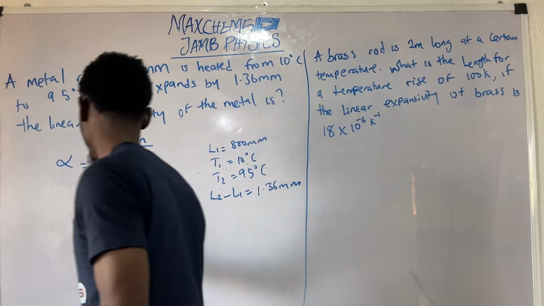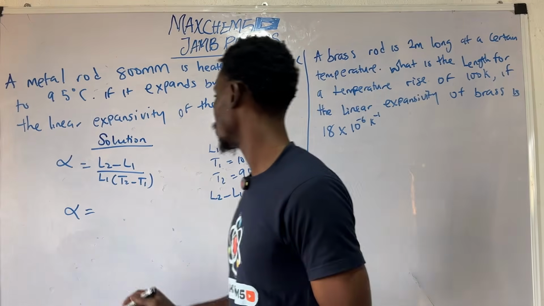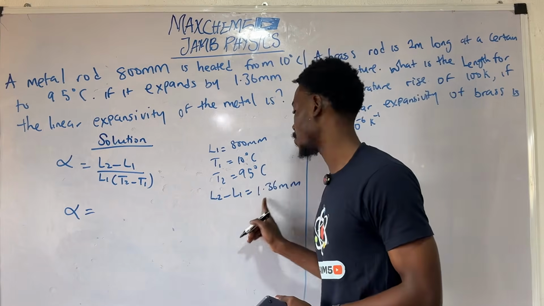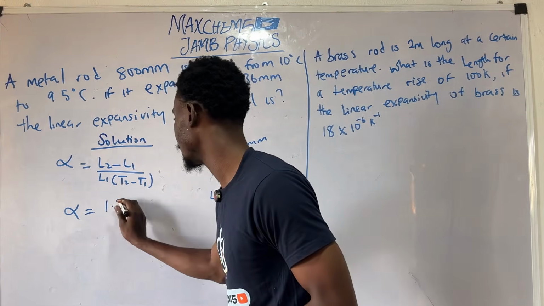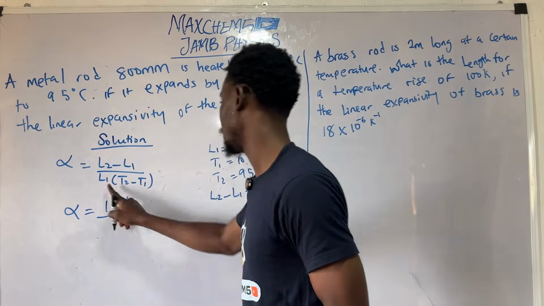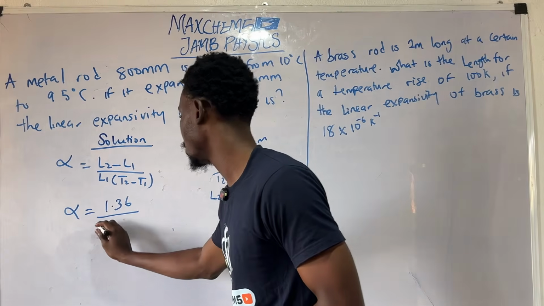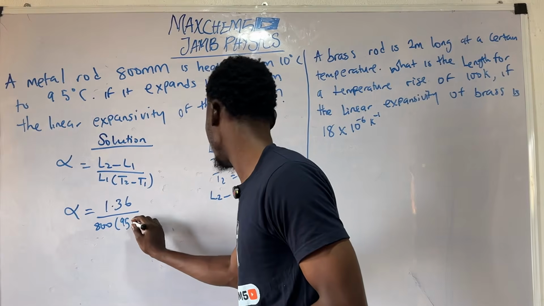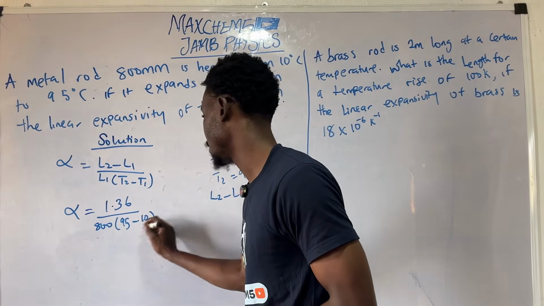So alpha is equal to L2 minus L1, which is 1.36 from our deduction. So 1.36 over, what is L1? That is 800 millimeter, times T2, 95, minus T1, 10.